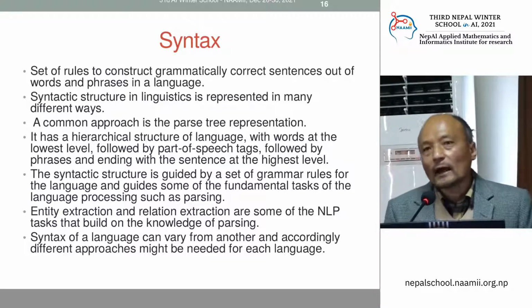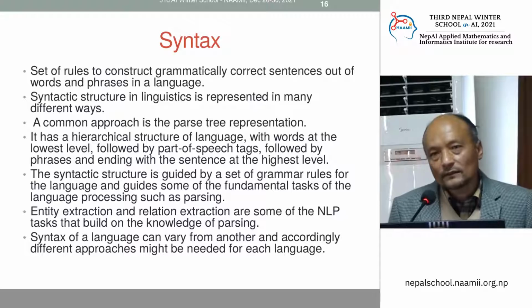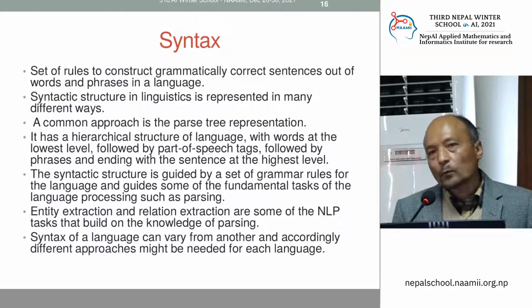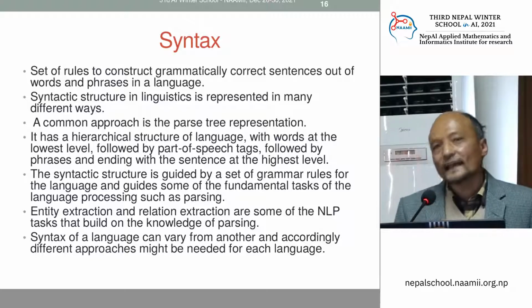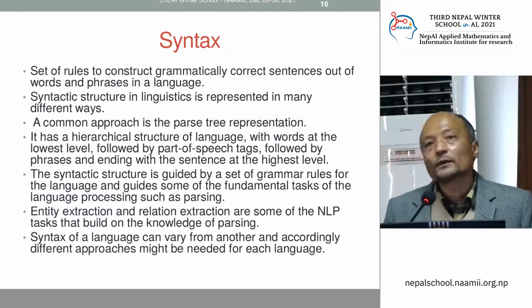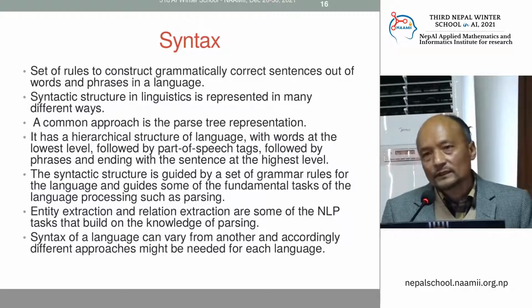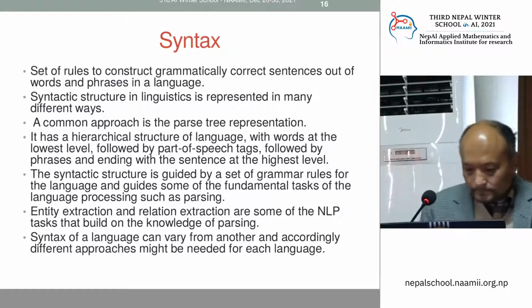With the help of a parse tree, we can disambiguate such situations, because the parse tree would be different for I saw the boy using a telescope versus I saw the boy with a telescope, meaning I saw a boy carrying a telescope. The parse trees would be different there, although the text would be the same. Okay.